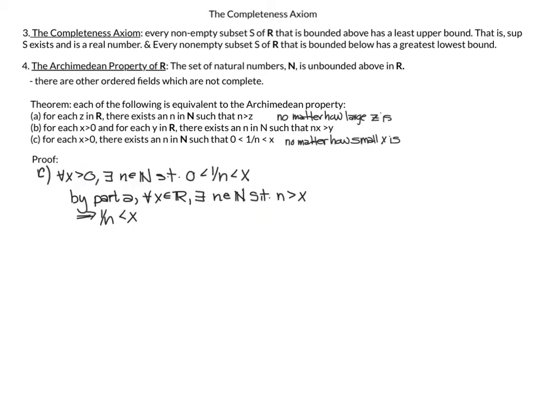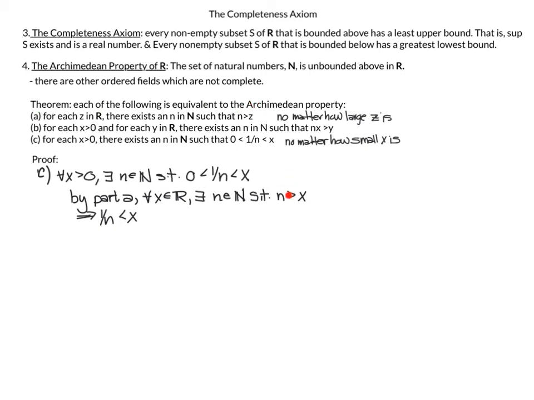The proof of part C follows really quickly from part A, so I rewrote part C over here. For each x greater than 0, there exists a natural number n such that 1 over n is greater than 0 and less than x. Well, from part A, if we're given x, then there exists a natural number n such that n is greater than x.